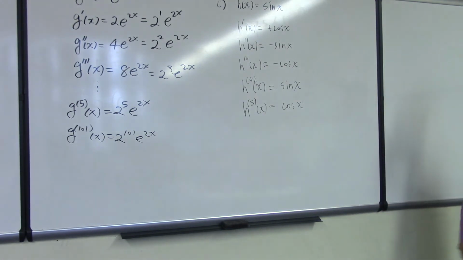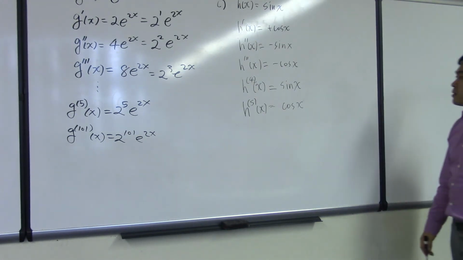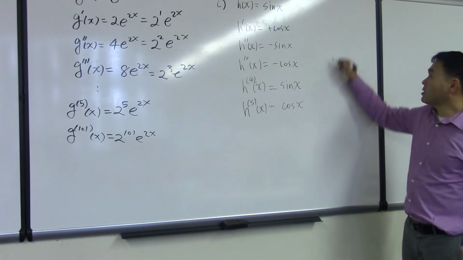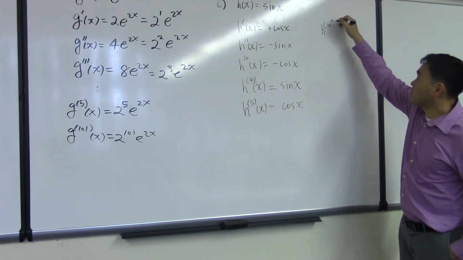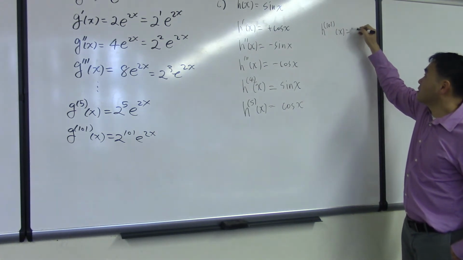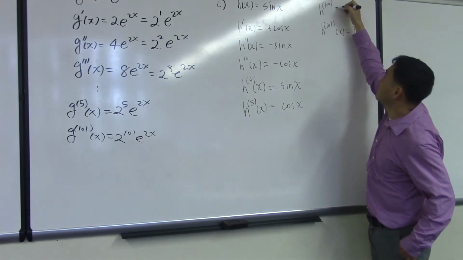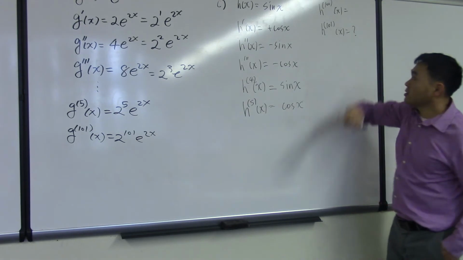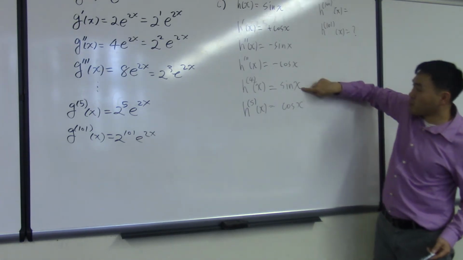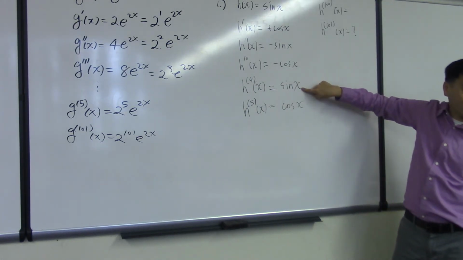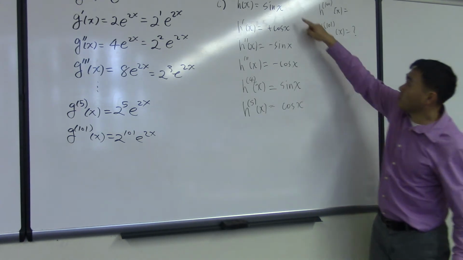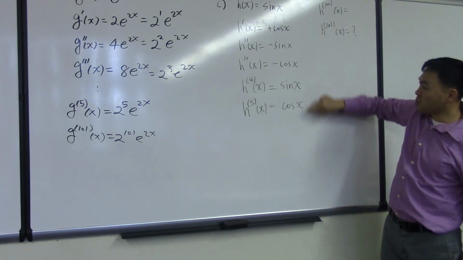Now, what will be the 101st derivative? To answer this question, think about this. What will be the 100th derivative? You see that every fourth derivative, you come back to sine, right? Once you're at sine, you're rebooting the sequence.